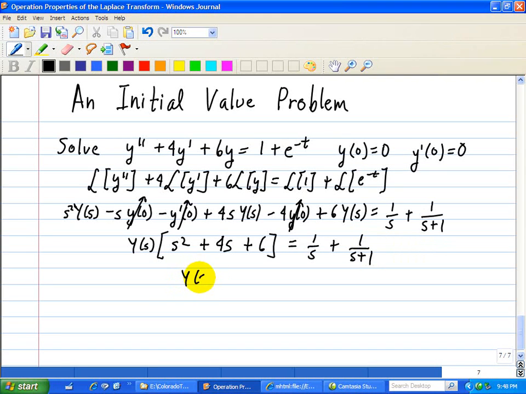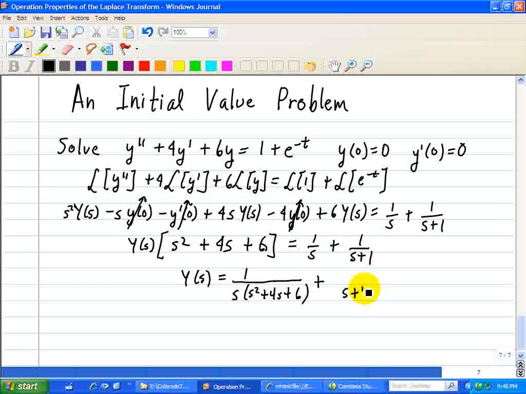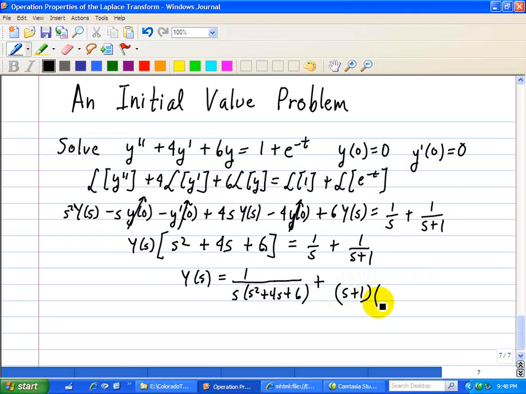Dividing out s squared plus 4s plus 6, we have 1 over s times s squared plus 4s plus 6, plus 1 over s plus 1 times s squared plus 4s plus 6. That's in our denominator, and we have a 1 in the numerator.